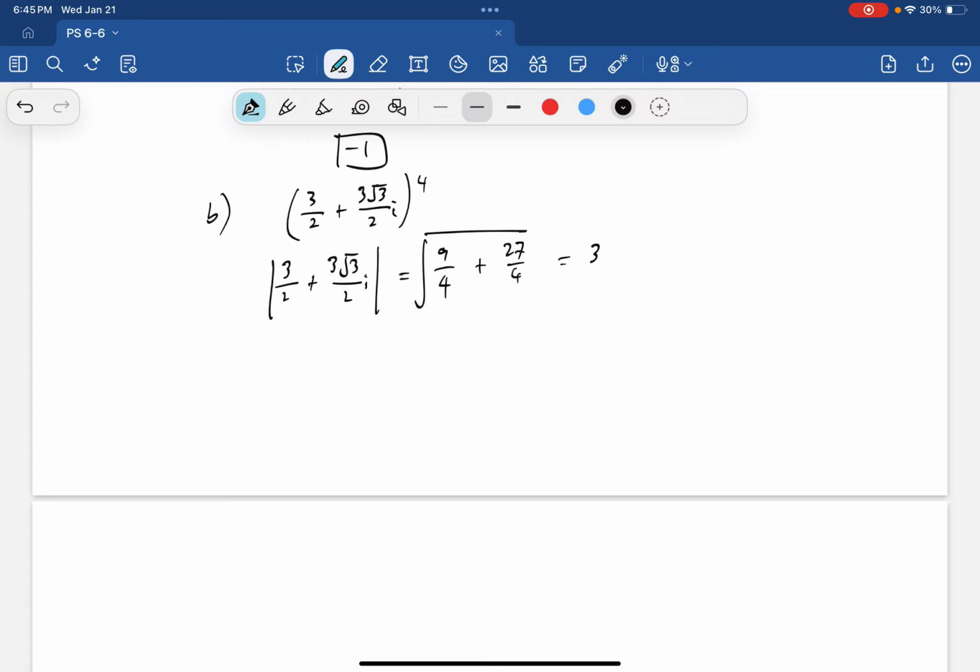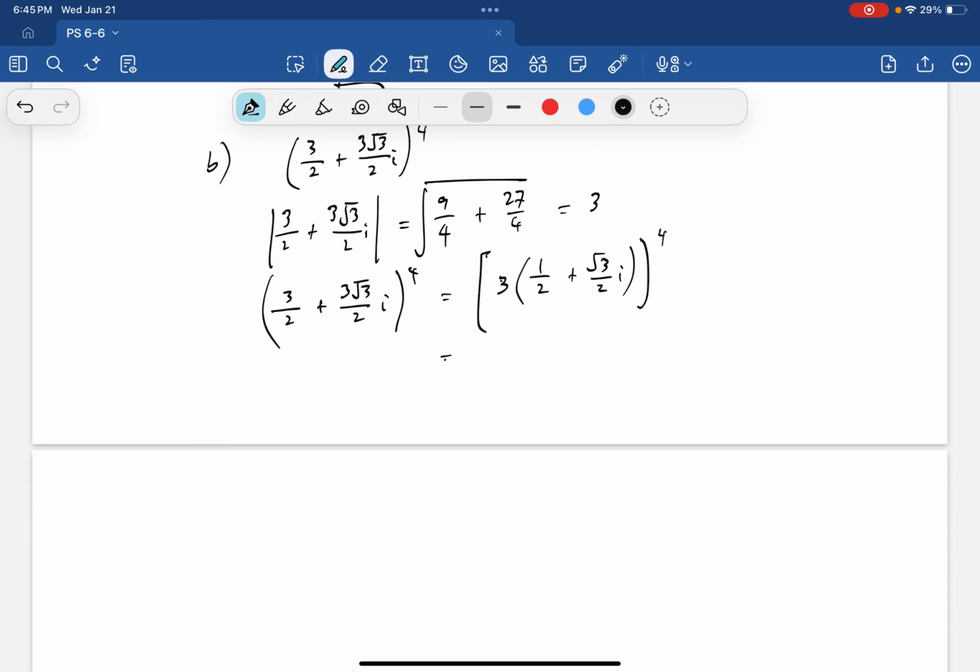Okay, so that means that 3/2 plus 3 root 3 over 2 i to the power 4 is equal to 3 times 1/2 plus root 3 over 2 i to the power of 4.